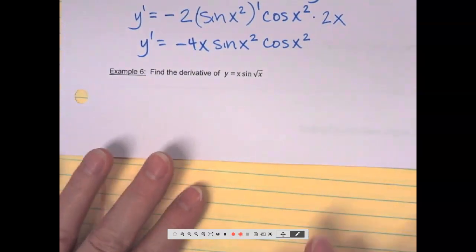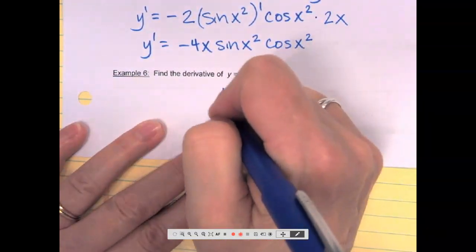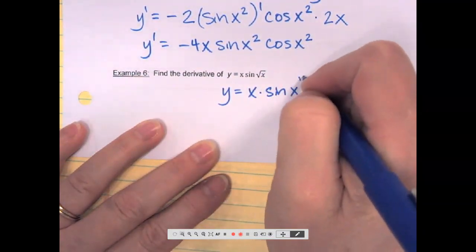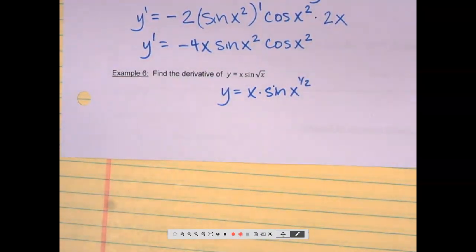All right. Find the derivative of x sine square root x. Could you just turn the square root of x into x raised to the 1/2? I would. x times sine x to the 1/2. Okay, what do I need to use?